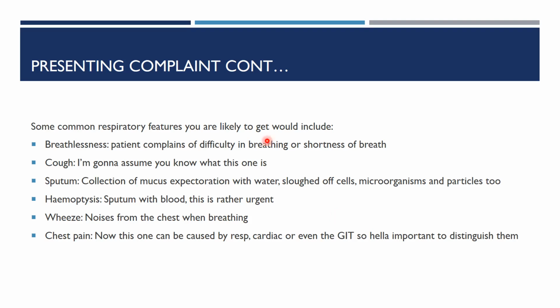Now, there's something called esophagitis, like inflammation of the esophagus. When that happens, you'll get the chest pain. Also, when you have something called GERD, gastroesophageal reflux disease, that one can also cause the pain, but in that circumstance, we call it epigastric pain. Epigastric pain can also be chest pain due to a GIT issue.